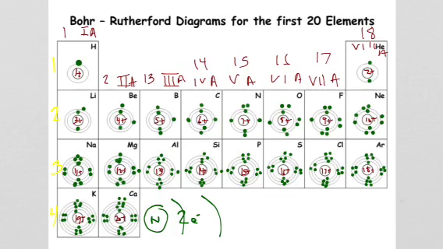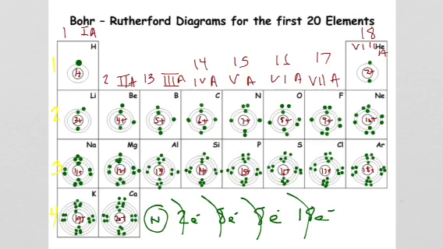The next shell is going to have a maximum of 8 electrons. The third shell is also going to have a maximum of 8 electrons. And the fourth shell, which has only 2 real elements we're going to work with, has a maximum of 18 electrons. All right, so 2, 8, 8, 18.